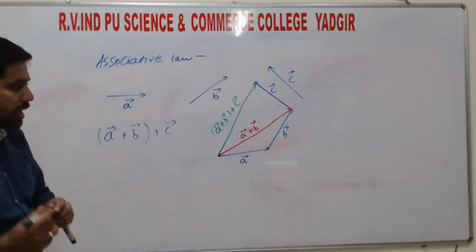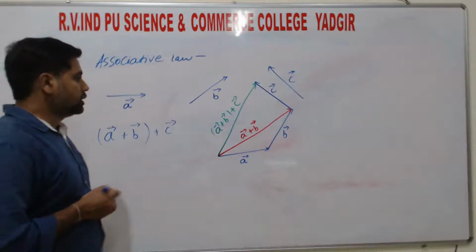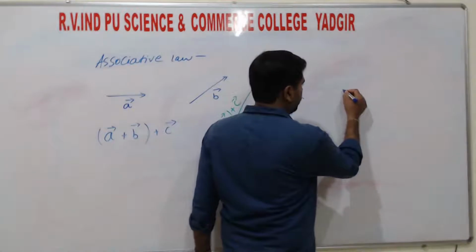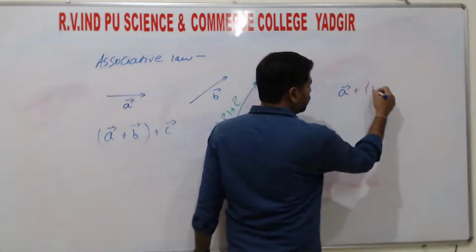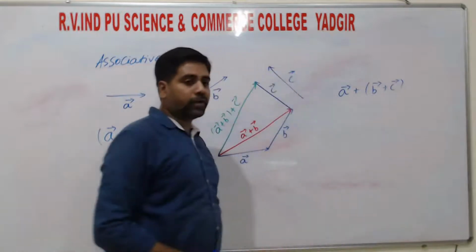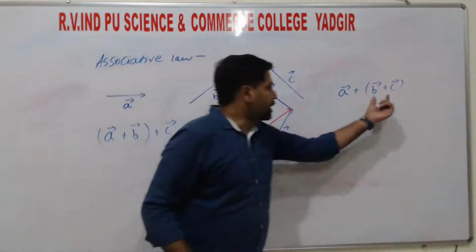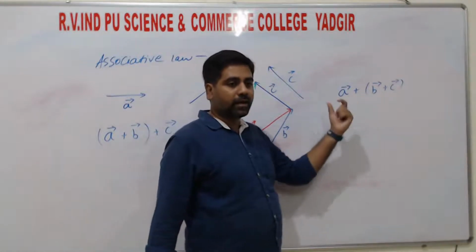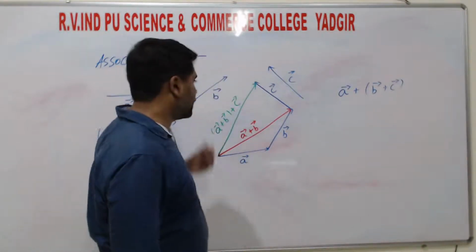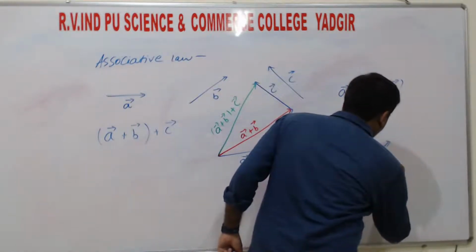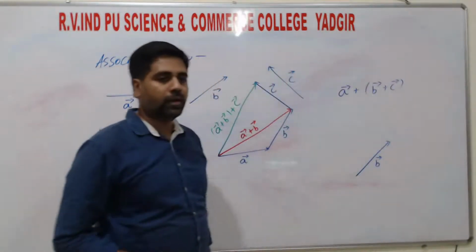In a similar manner, next I will draw here for the second, A plus of B plus C. That means first we need to add vector B and vector C, then we can add vector A, right? So this one is vector B, right?